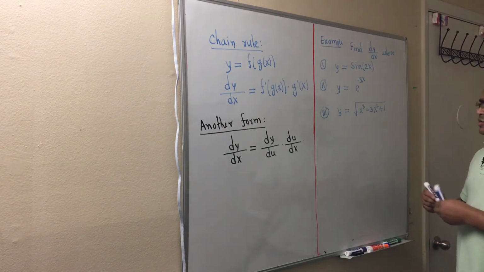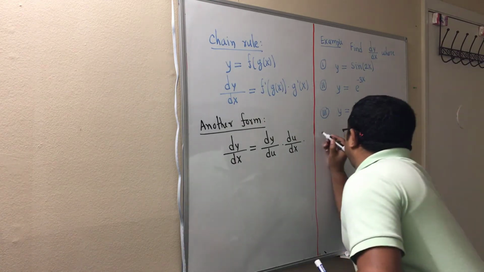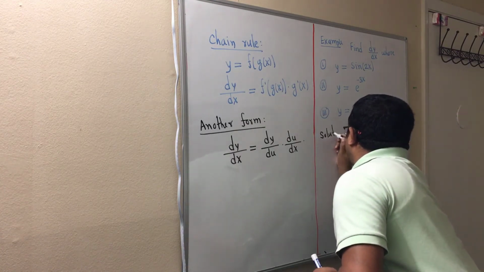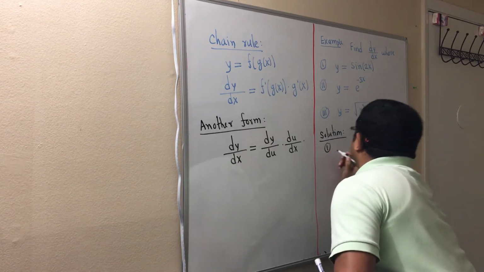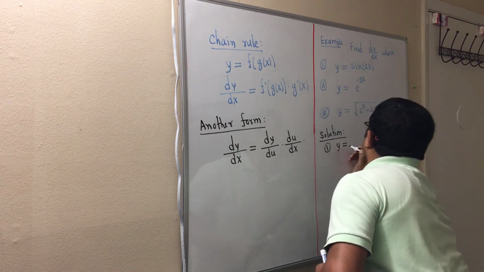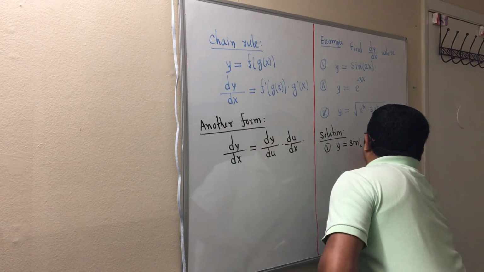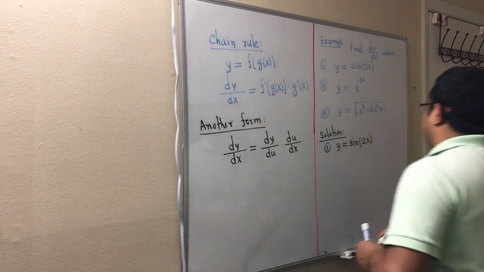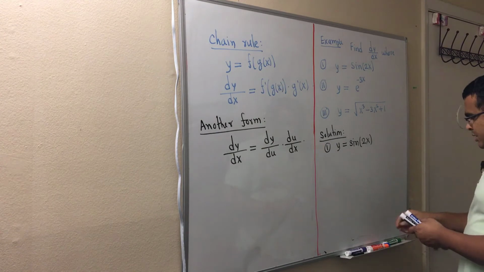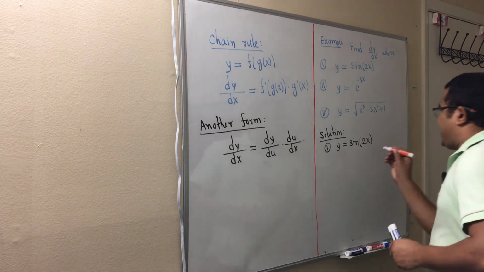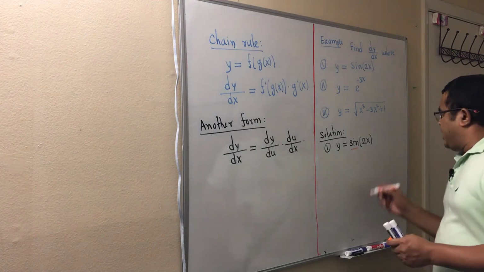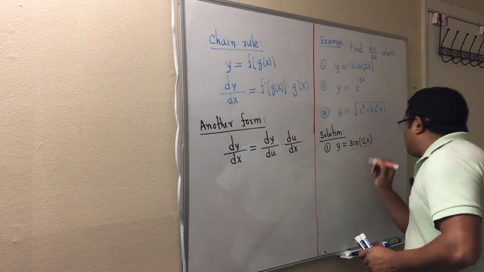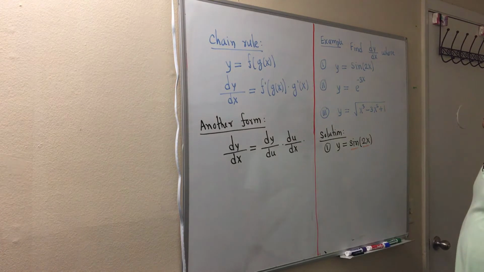Now, to solve number 1, y equals sine of 2x. Here, sine is called the outer function and 2x is called the inner function.